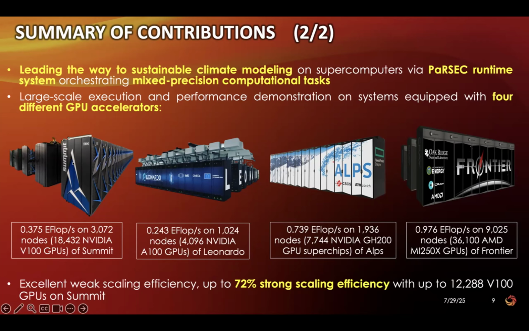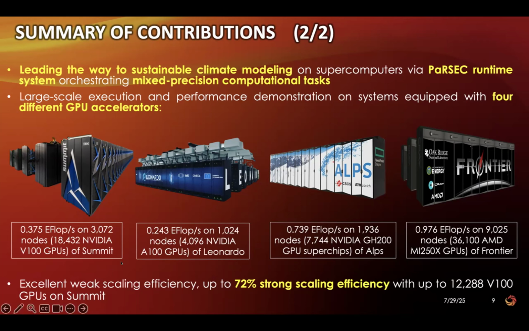They now have Frontier replacing Summit, but at that time we used Summit. We also did some runs on Leonardo in Italy using A100 GPUs, on Alps, the Grace Hopper based system in Switzerland, and on Frontier at Oak Ridge with AMD GPUs.